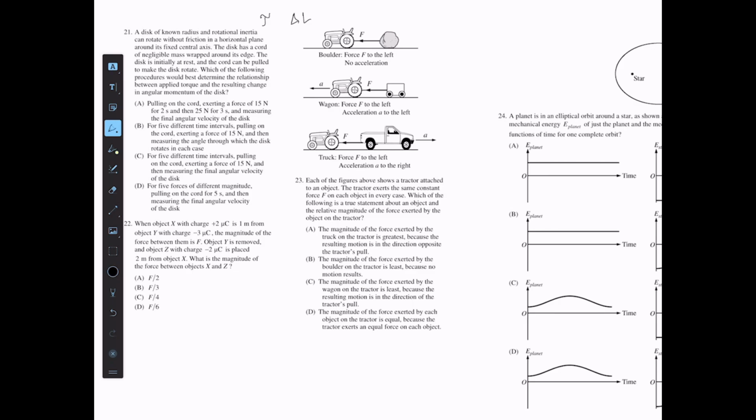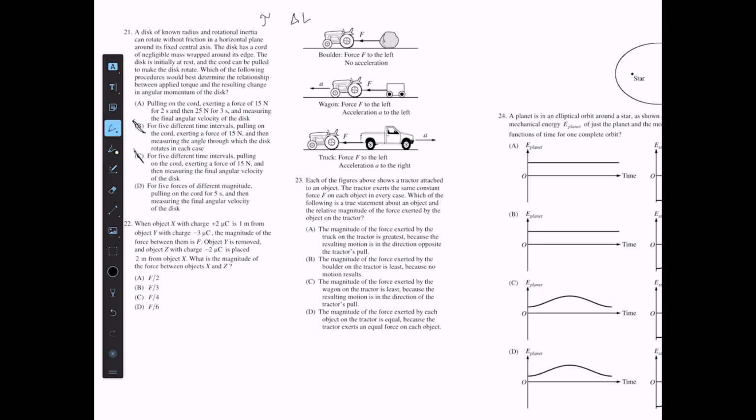But in B and C, they're both exerting a force of 15 newtons throughout the whole experiment, but they're just changing the time intervals, which will change the angular momentum, but those are better for exploring the relationship between the time at which a torque is applied and angular momentum. But we want to know the relationship between the torque and the angular momentum.